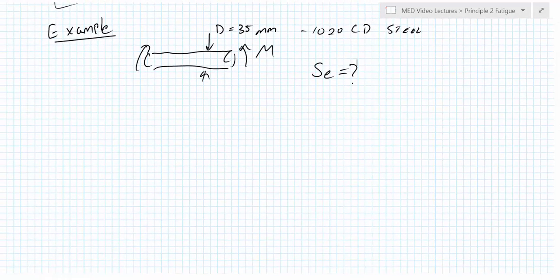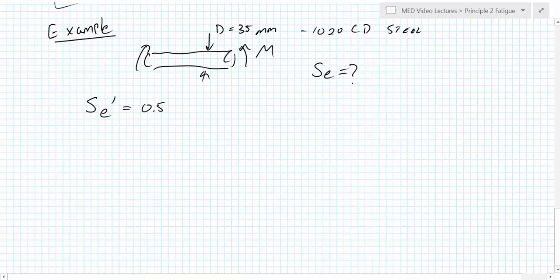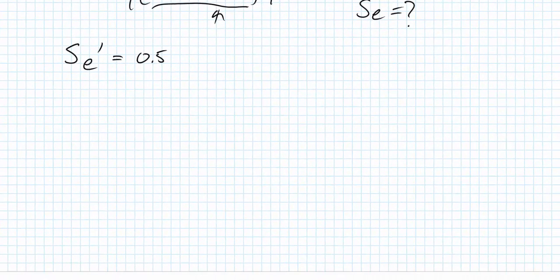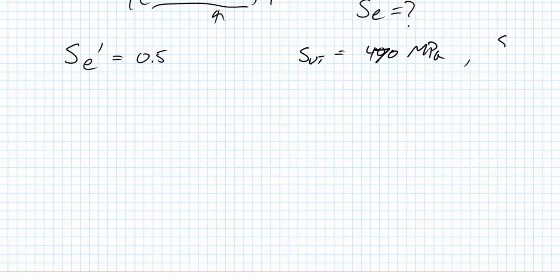Well, we can start off with what is the hypothetical endurance strength. So recall that for steel, hypothetical endurance strength is around 50% of the ultimate strength, as long as we're not a very high strength steel. So the ultimate strength in tension of the 1020 cold drawn steel is 470 megapascals, and its yield strength is 390 megapascals.